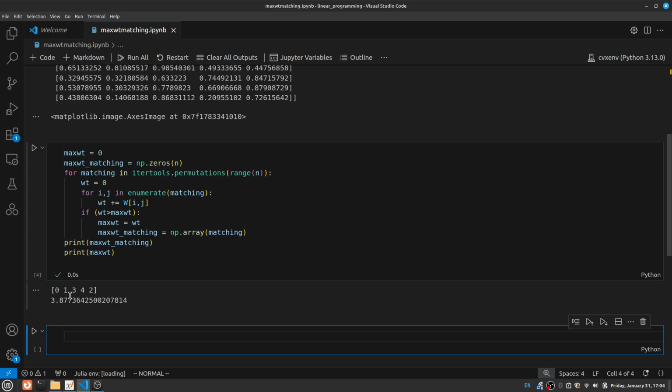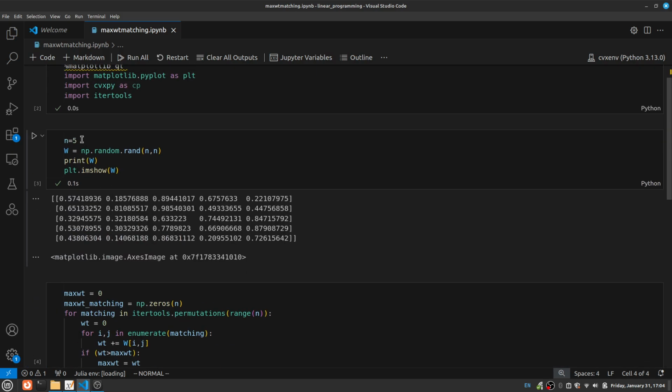Perhaps let's see a smaller example where we can guess what the correct weights are.